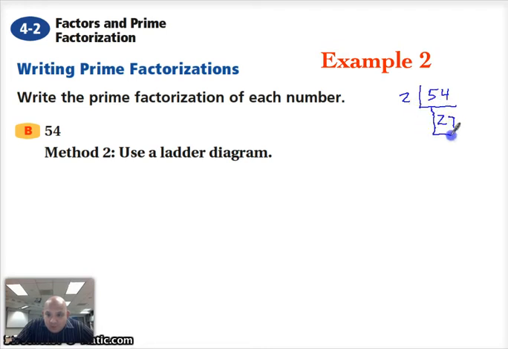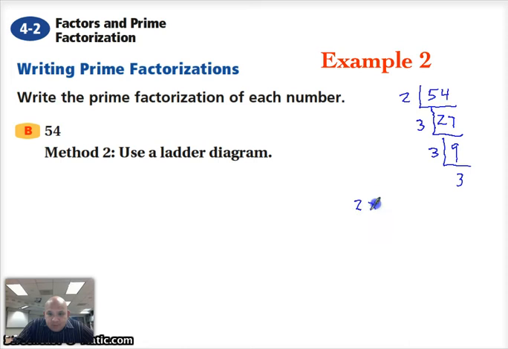Now I'm going to draw another part of the ladder here. See that? What prime number goes into 27? I know a 3 goes into 27, leaving me with a 9. And now I know a 3 goes into 9, leaving me with a 3. So if I did my calculations correctly, 2 times 3 times 3 times 3 equals 54.